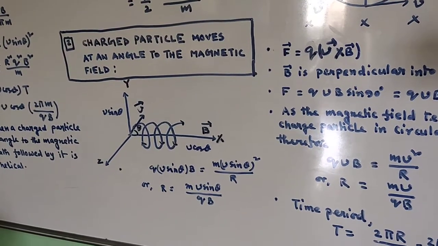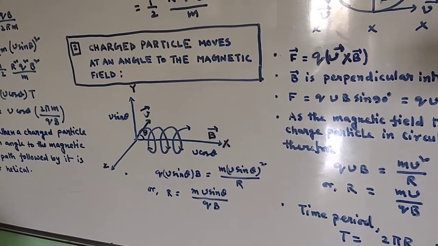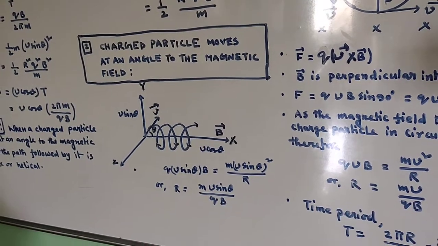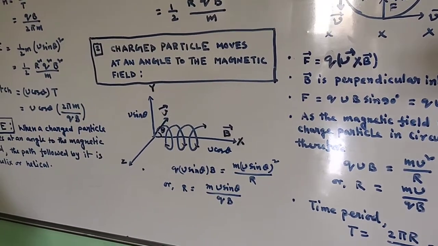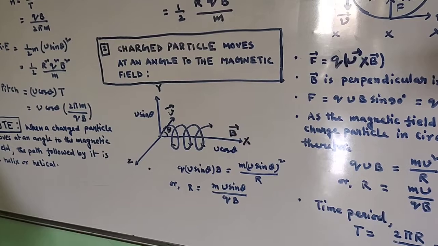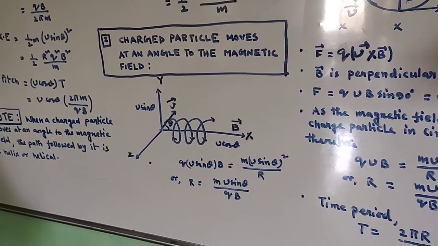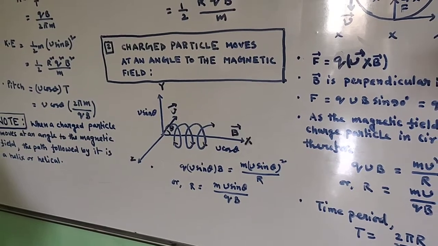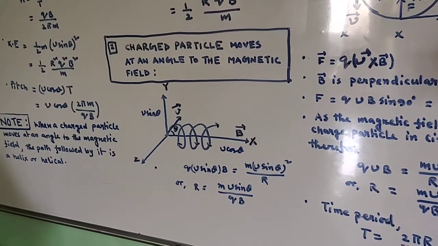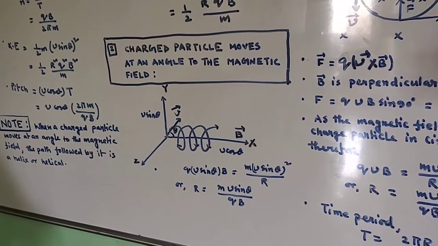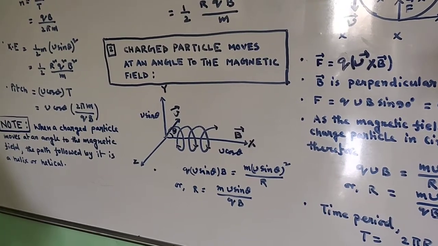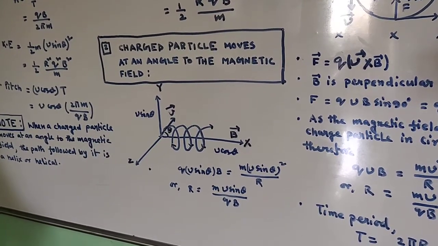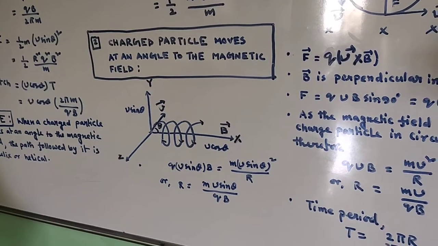R is the mean radius, you can say. So the v sin theta component tries to make the path circular, but there is another component, v cos theta, on which the magnetic field has no effect. That's why the path is no longer circular; some linear movement is also there along with the circular movement.